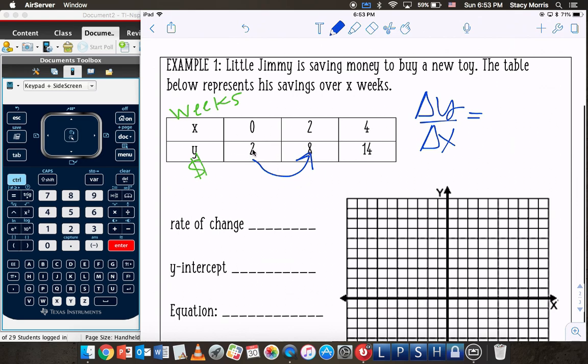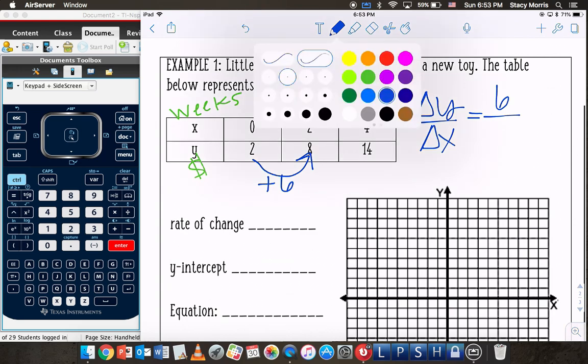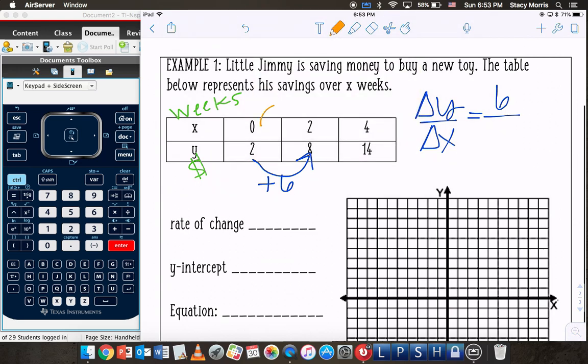So from 2 to 8, hopefully you realize there's a change of plus 6. So my change in y is 6 divided by my change in x. So his change in x is from 0 to 2. So from 0 to 2 is a change of positive 2. So our change in x is 2, and then we just simplify over here.